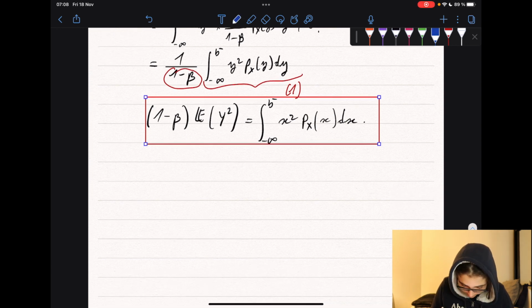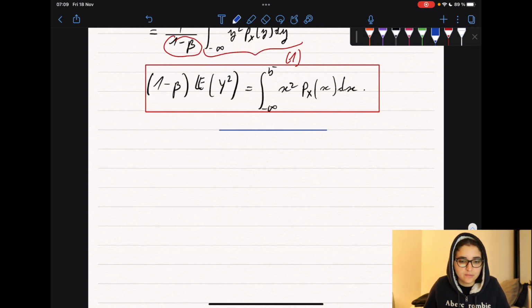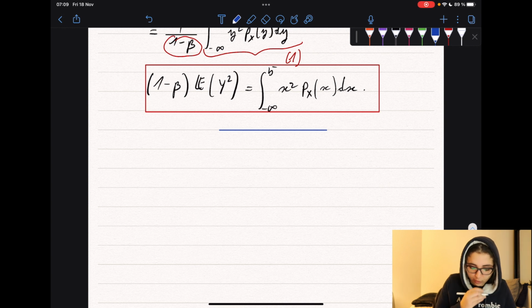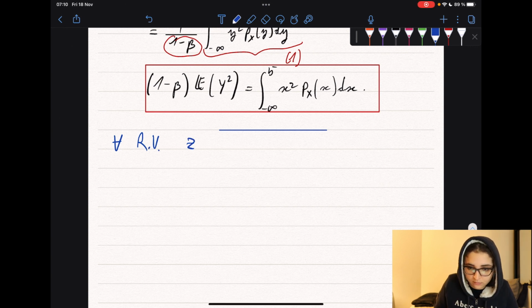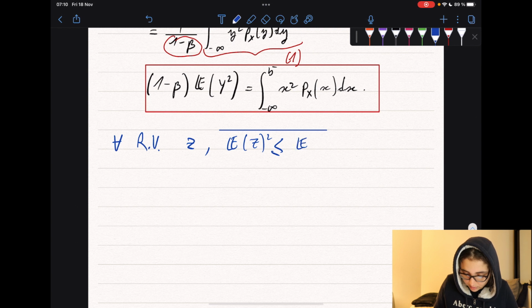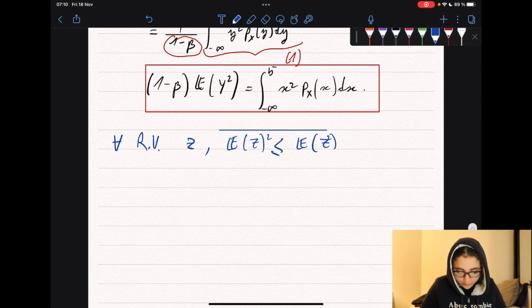Moving on, let's rewrite this. Okay. So here what we're going to do is use the fact that for any random variable z, we have that the square of the expectation of z is less or equal than the expectation of the random variable z squared, okay?